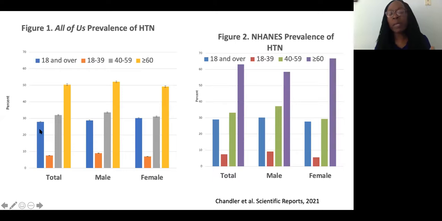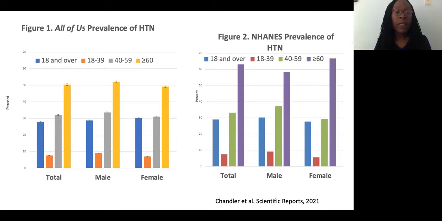There was a prevalence of about 26% in All of Us compared to about 28% in NHANES. And then for males, the prevalence of hypertension in individuals over 60 was over 50%. And similarly for males in NHANES, it was over 50%. So we see that there's a heavy burden of hypertension, and it increases as people age from 18 and over.